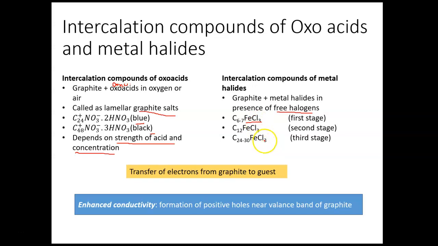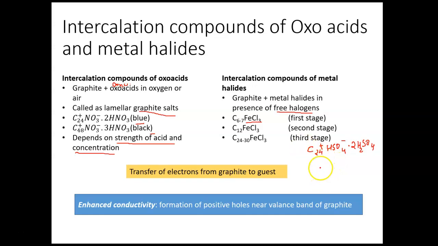Here it is a Lewis acid, so it can accept the electrons, and this transfer leads to the formation of intercalation species of the type C24+ HSO4- 2H2SO4. The transfer of electrons imparts a particular charge to the intercalated species in that graphite intercalation compound.